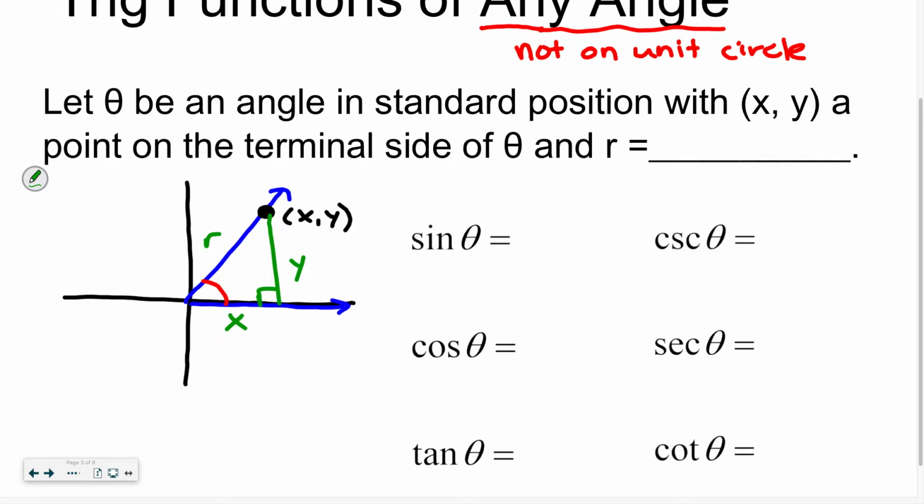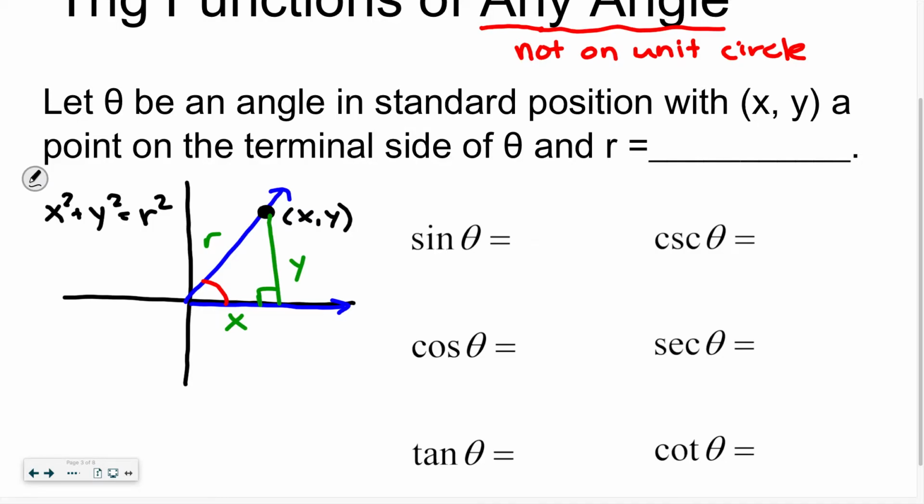How would you guys find r, if you knew the ordered pair? x squared plus y squared equals r squared. So you would probably use the Pythagorean theorem. I'll do it this one time, but from now on we'll just all be like, okay, yeah, we know r is the square root of x squared plus y squared.